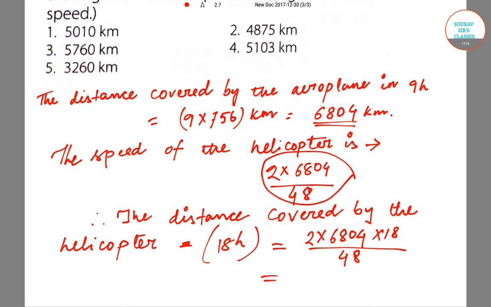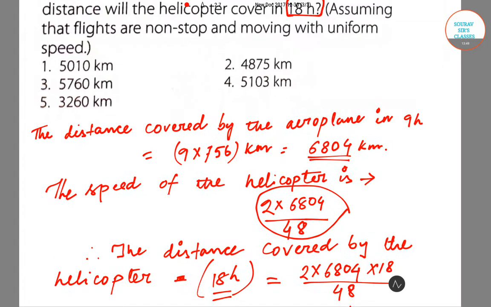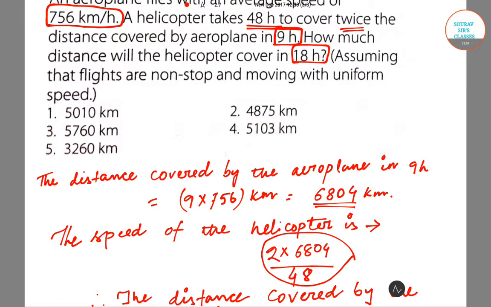This is equals to 5,103 kilometer. So the distance covered by the helicopter in 18 hours is 5,103 kilometer, assuming the flights are non-stop and moving in the uniform speed. So option 4 is the correct answer.